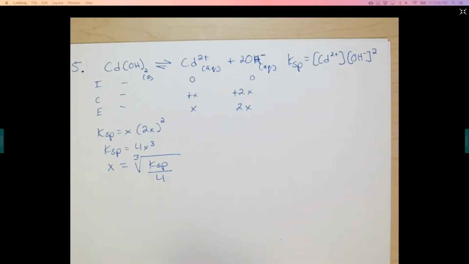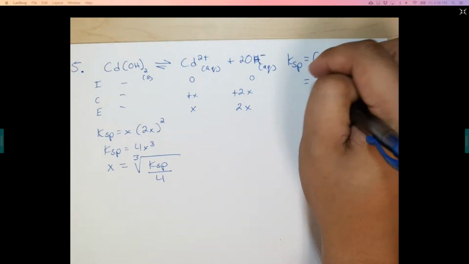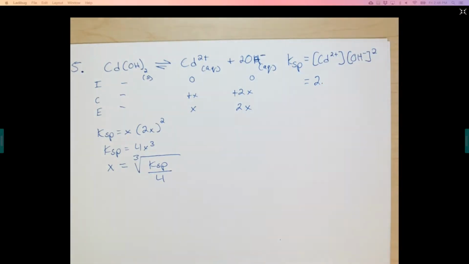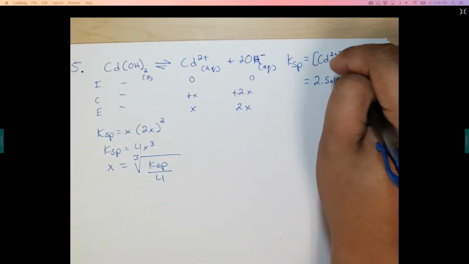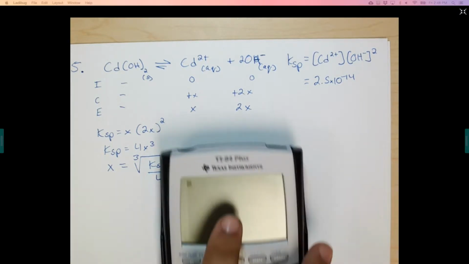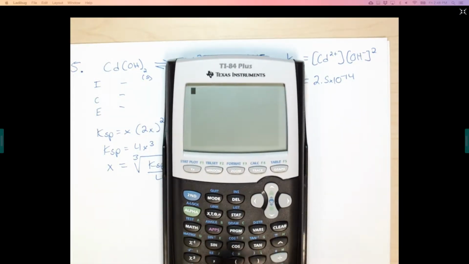So the Ksp value is equal to 2.5 times 10 to the negative 14. Now, from a calculator perspective, for those that are not familiar with the cube root, what we would do is math, and then down here, number 4.